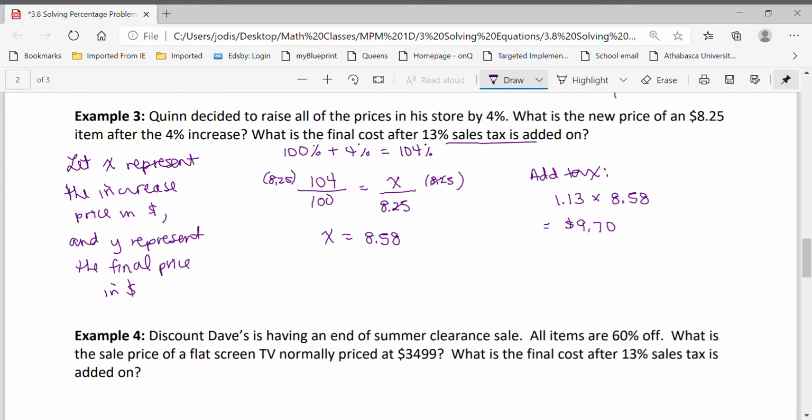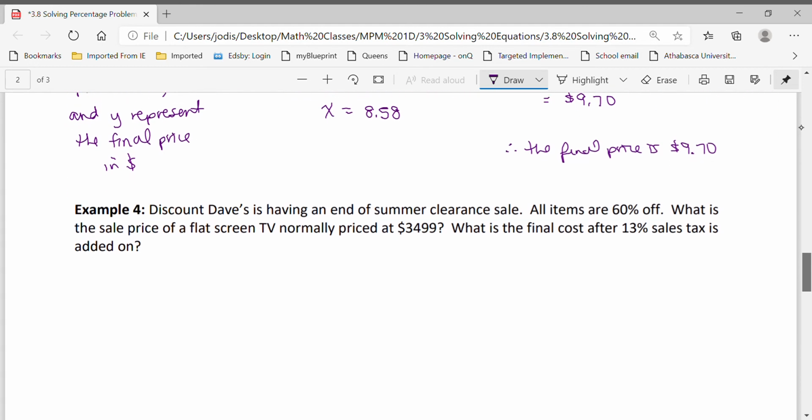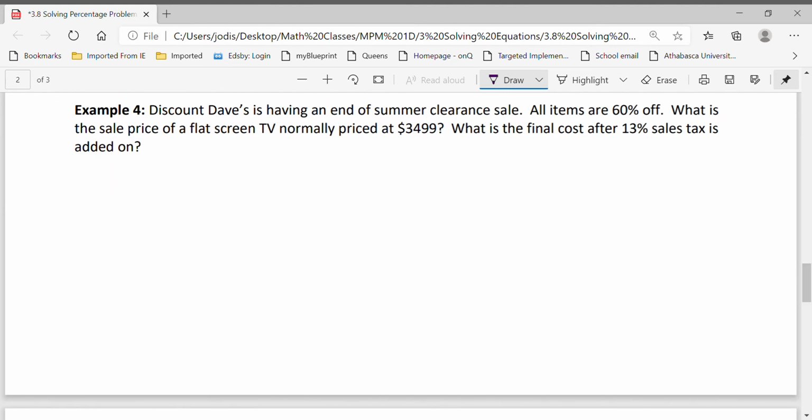We could also have set this up like a ratio. It would be the same idea. It'd be 113 over 100 equals X over 858. So whichever way you wanted to set it up, but honestly, I think just multiplying by 1.13 is pretty easy. So then we could say, therefore, the final price is $9.70.